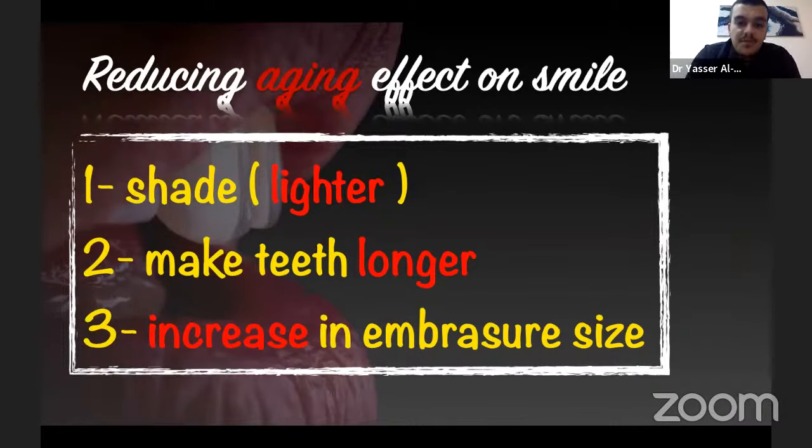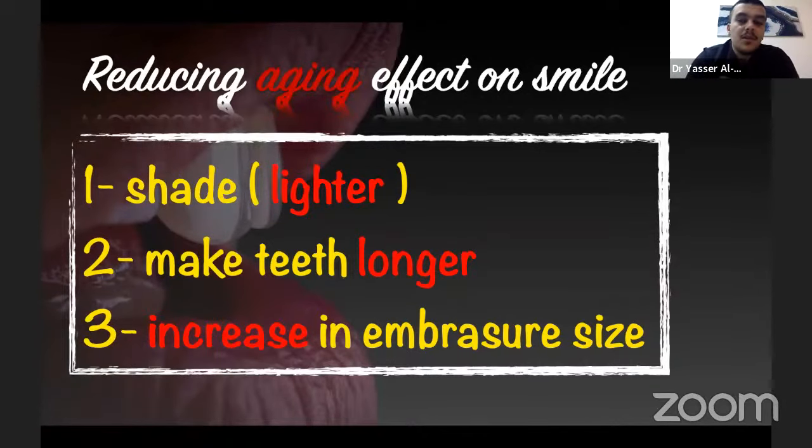We need to make a perfect, natural smile with an age-reducing effect, which means the 60 year old patient enters the clinic and leaves with a new smile and a new age. From 60, we may give him a 40 or 30 year old effect, first by the shade. If we choose a lighter shade, this will give us an age-reducing effect.